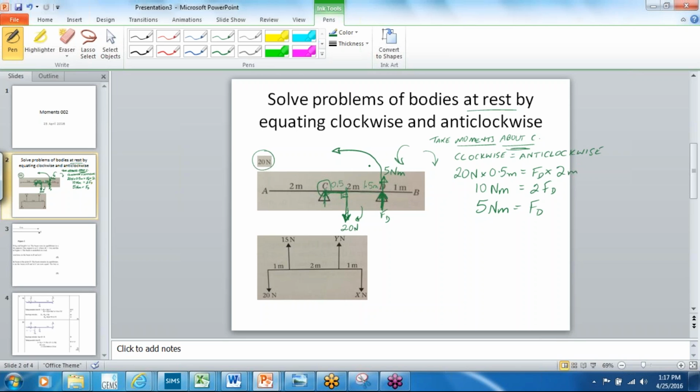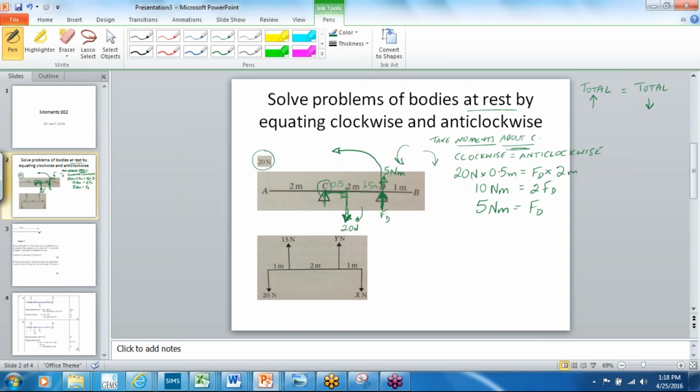It's not going to move because it's in equilibrium. Because this weight is acting down, this is pushing up, so it's in equilibrium. And they balance each other. Now forces up equal forces down, so total forces acting up will equal the total forces acting down.